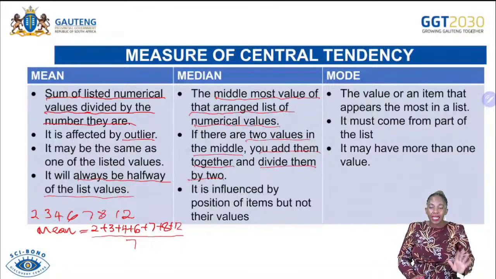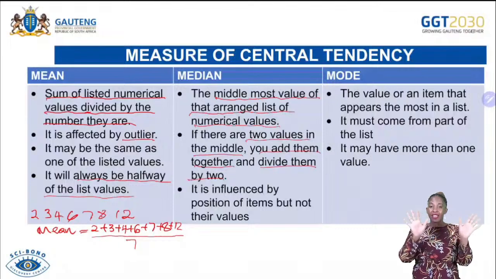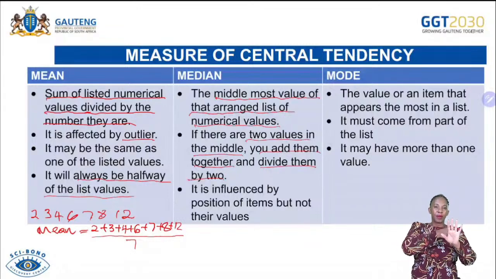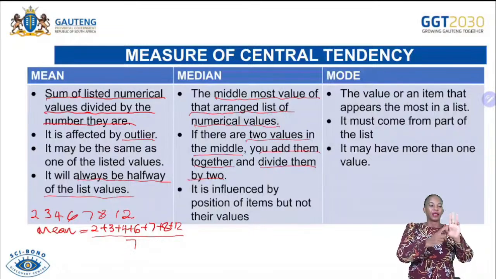But if your data set is an odd one, remember this one I was talking about an even, they are equal. Now, if it's an odd one, I like this one because now I know you're going to laugh. What I do, I start with my pinky finger. It will be 1, 2, 3, 4, 5, ending on my thumb. Now, when I do the middle one, I will bend like this.